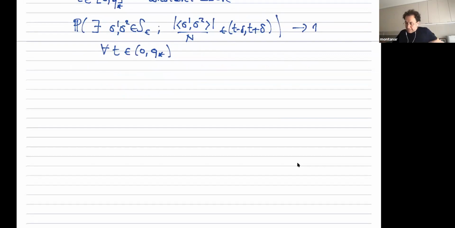Okay, so now I did this long detour about the structure of the optimizer, the typical value, the structure of the optimizer. So let me get back to algorithms.